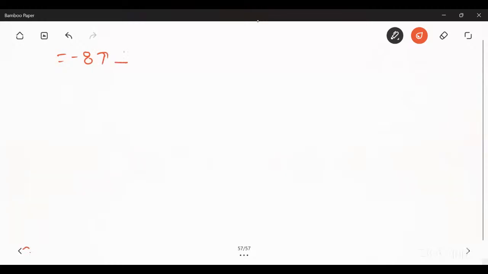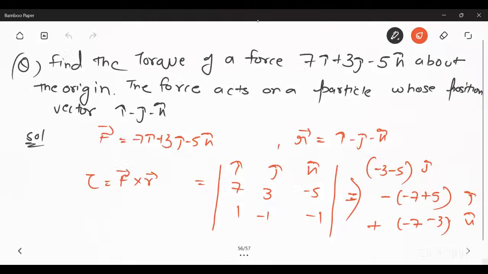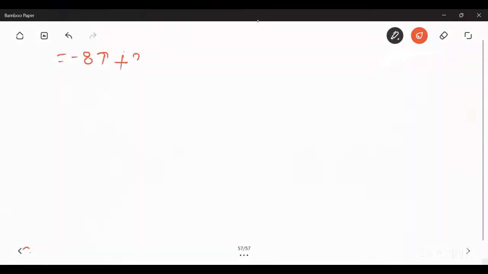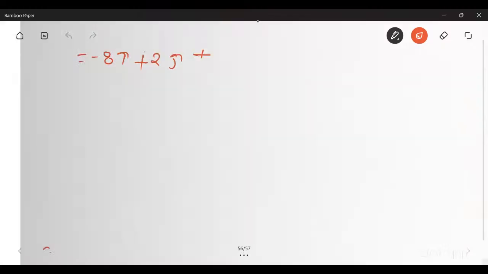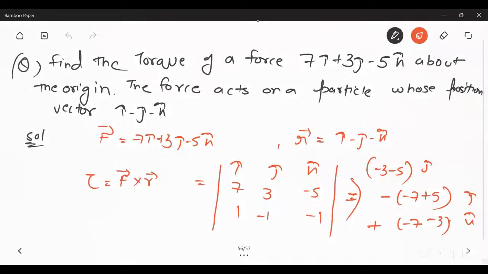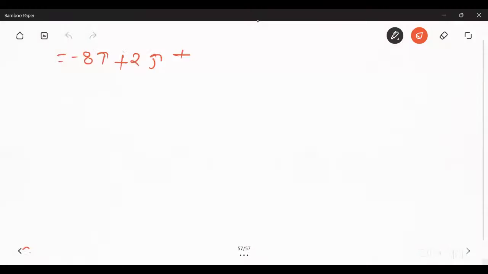Minus of j cap: minus 7 plus 5 means minus 2, so minus minus will become plus 2 j cap. Plus k cap: 7 into minus 1 is minus 7, minus 3, so minus 10 k cap. So minus 8 i plus 2j minus 10 k cap will be the value of torque.